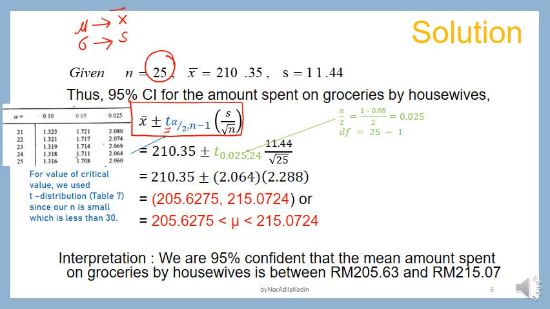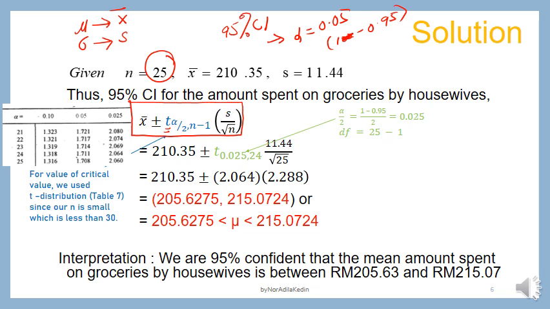So given mean sama dengan 210.35, dia suruh awak construct 95% CI. Thus alpha sama dengan 0.05. Macam mana dapat 0.05? 100 tolak 95, sebab 95%.